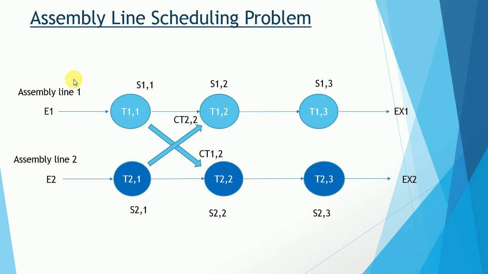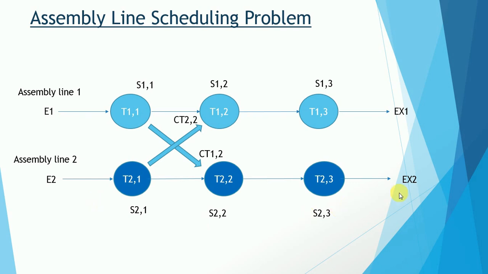Now we have E1 and E2. These are two variables and they denote the time it takes for a car to enter these assembly lines. So E1 indicates the time taken by a chassis to enter assembly line 1 and E2 indicates the time taken by a chassis to enter assembly line 2.